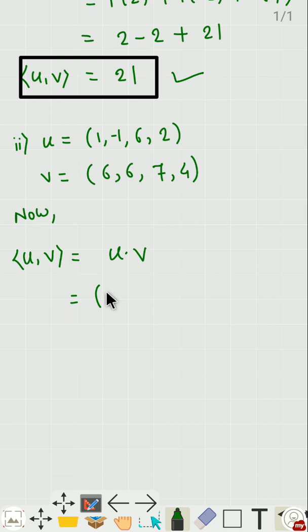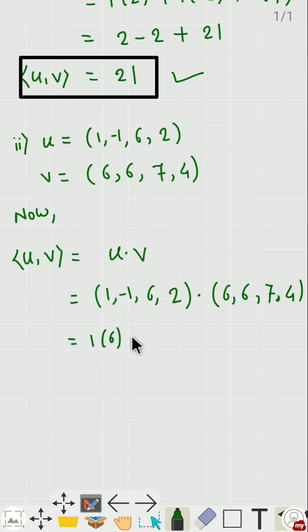The first vector is (1, -1, 6, 2), and the dot product with the second vector (6, 6, 7, 4) is 1 into 6 plus -1 into 6 plus 6 into 7 plus 2 into 4.